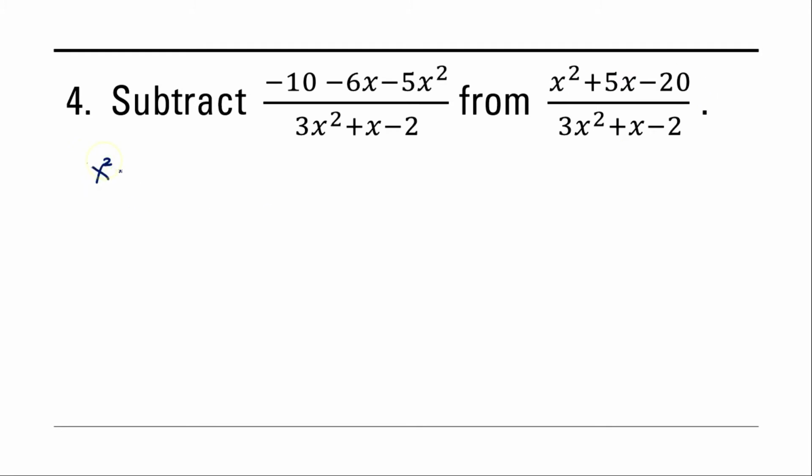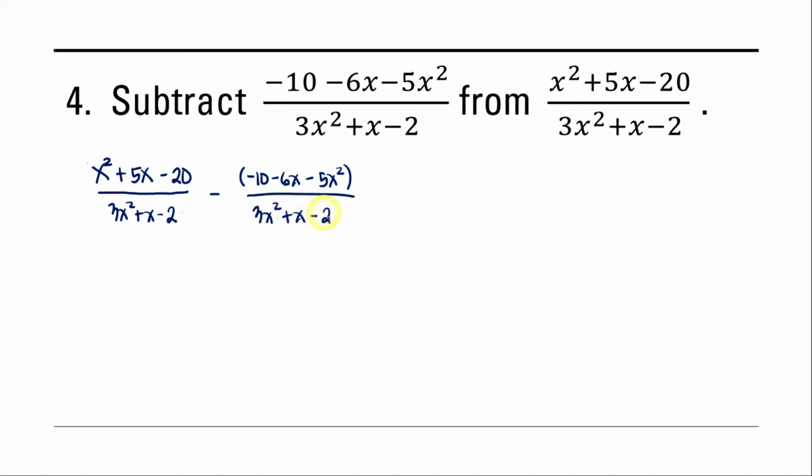So that is x squared plus 5x minus 20 over 3x squared plus x minus 2 minus negative 10 minus 6x minus 5x squared over 3x squared plus x minus 2.